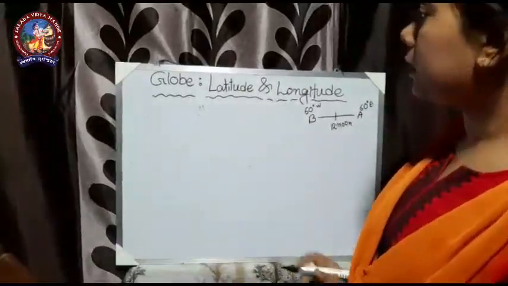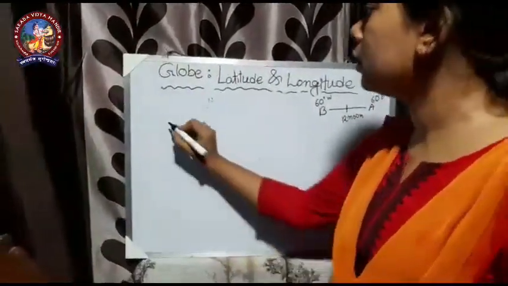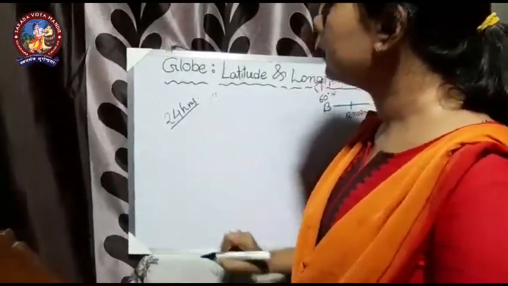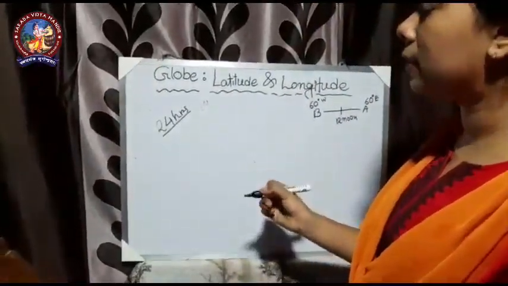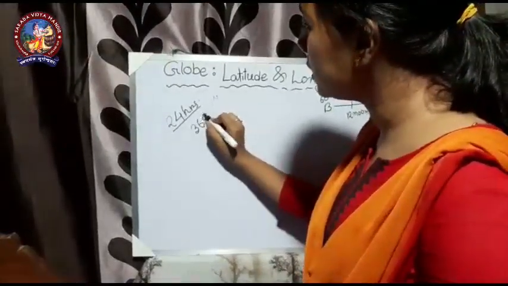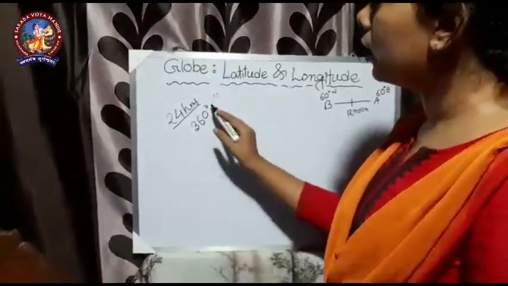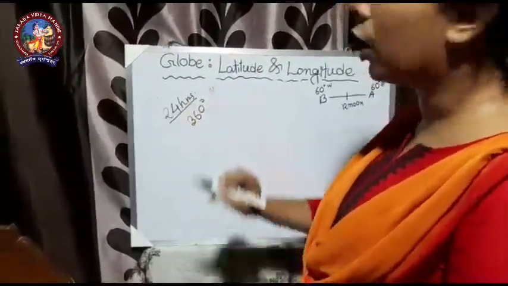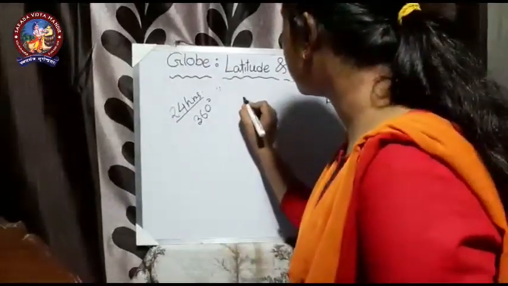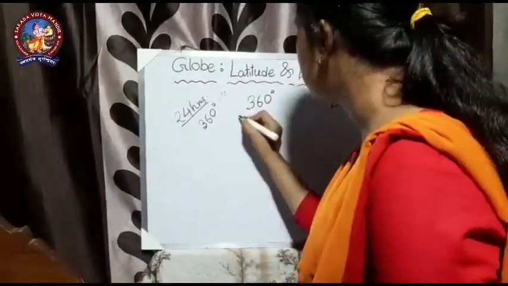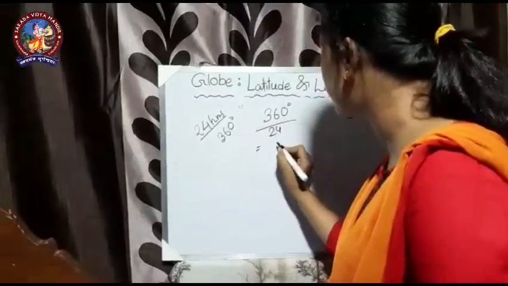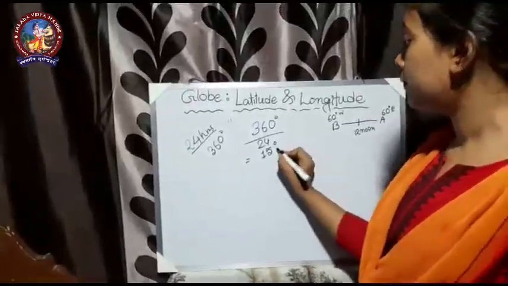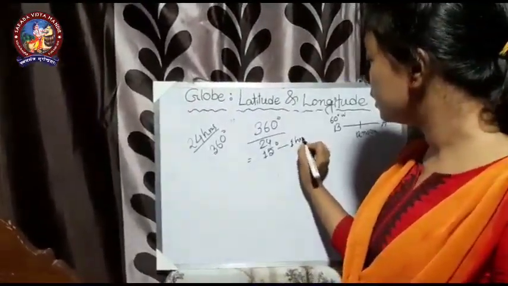Earth rotates on its axis in 24 hours, and it has the angle of 360 degree. So if we want to find for 1 hour how many degrees it completes? For 1 hour it completes 360 degree divided by 24 is equal to 15 degree. 15 degree in 1 hour.